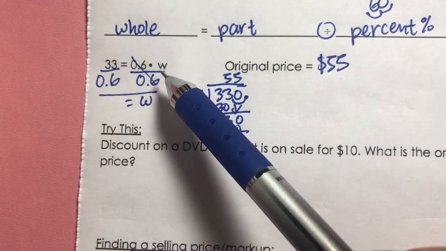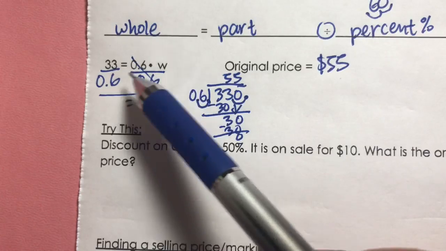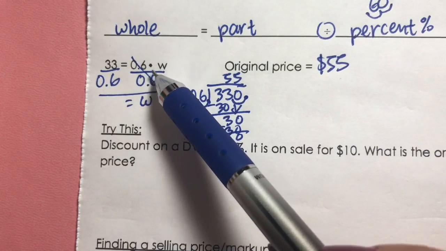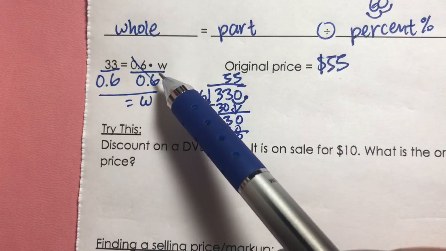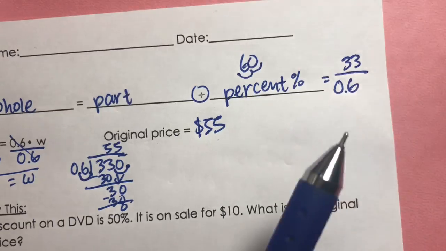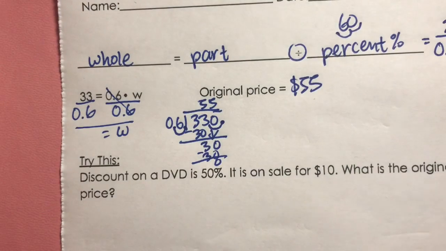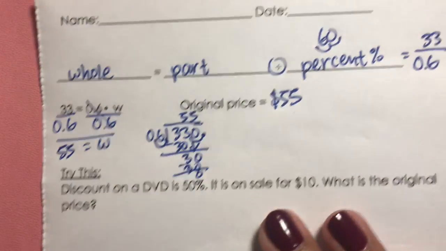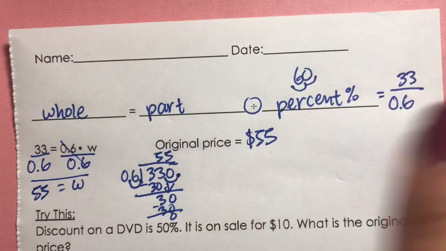To find the W, to find our whole, we need to divide each side because it's a multiplication problem. The opposite of multiplication is division, so we have to divide by 0 and 6/10 on each side, which is the same thing as doing this. You see that there? So 33 divided by 0 and 6/10 is 55. So our original price of this item is $55.